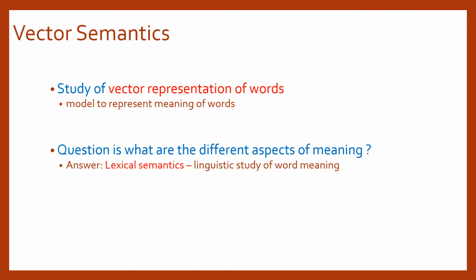So in vector semantics, essentially we talk about models to obtain or learn the representation of meaning of words. And these representations are learned using the distribution of words in text.